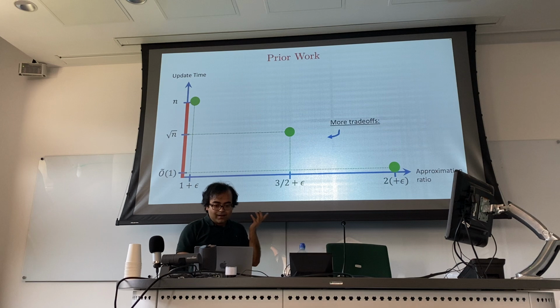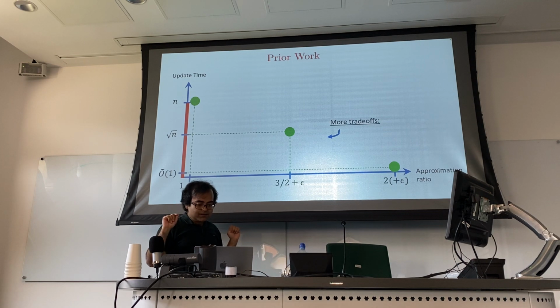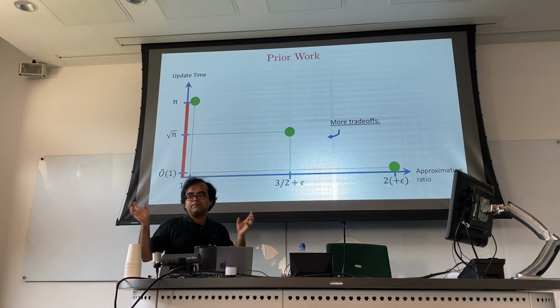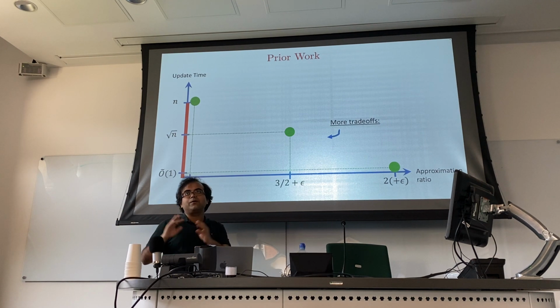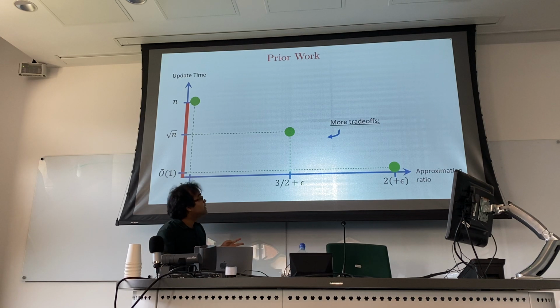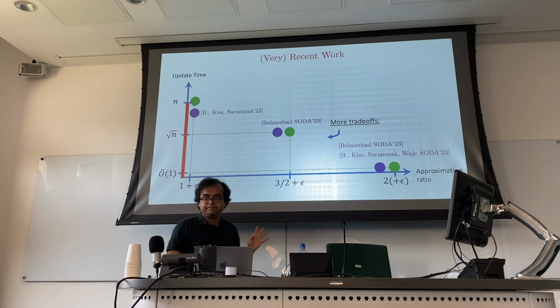Now, I'm not too familiar with it, but I think in the Chinese calendar, every year is called the year of the dragon or the year of something else, right? So from that perspective, this particular year in dynamic algorithms could have been called the year of dynamic matching.